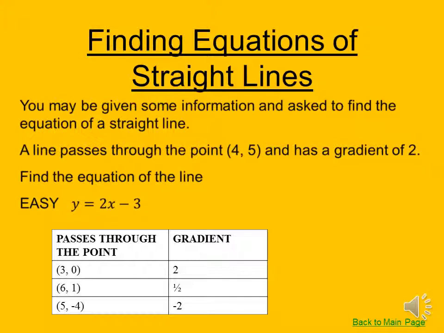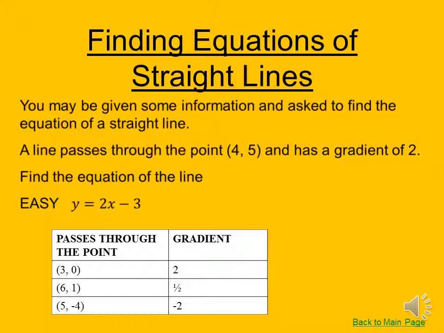I also substituted in the given values of x and y, the coordinates of the point, and then I found the value of c. In other words, 5 is equal to 4 times 2 plus c, so c must be negative 3. I then rewrite the equation using the given gradient and the value of c that I've just found, and I get y is equal to 2x minus 3.